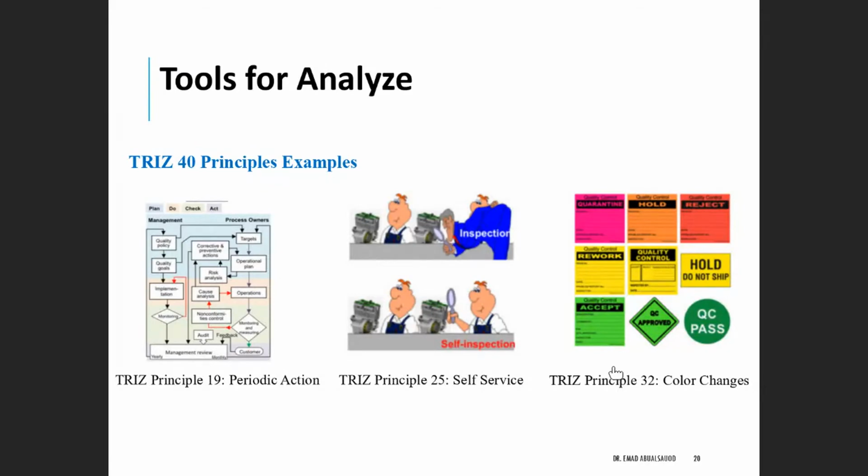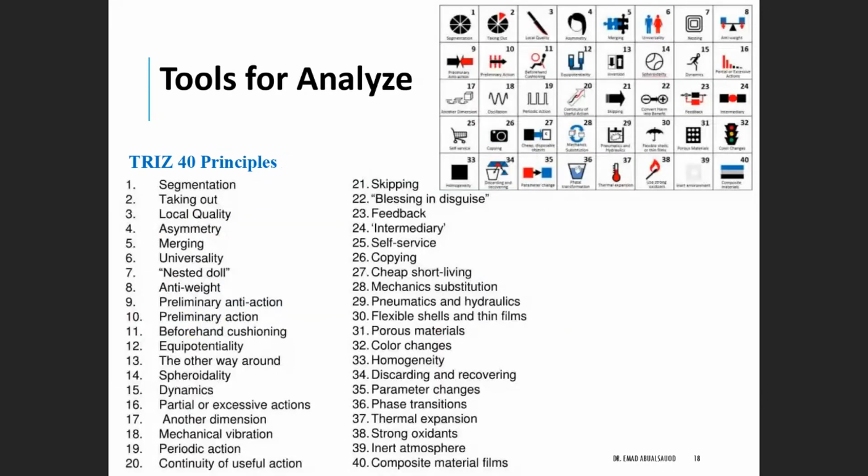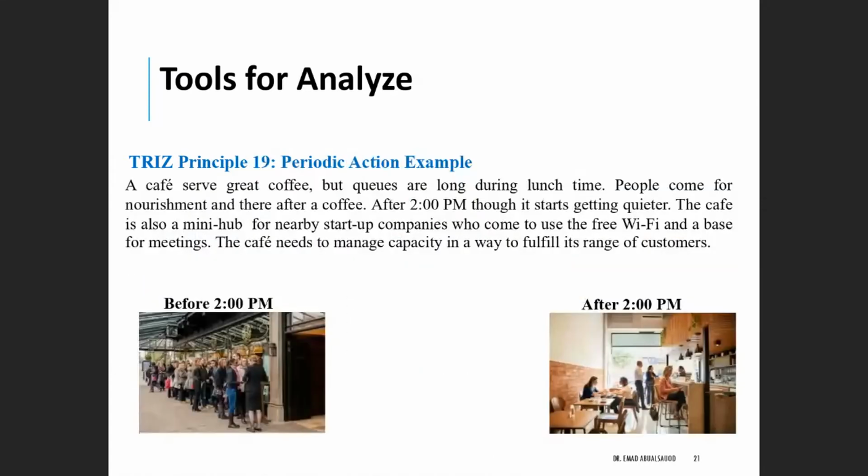You see this even in government cars: police cars are black and white, and the civil defense has a different color. Also, hazardous materials use different colors, so you can identify the type of hazard just by looking at the color label. Here, for color changes, they put the traffic light, so easily by looking at the color you can identify the traffic signal.